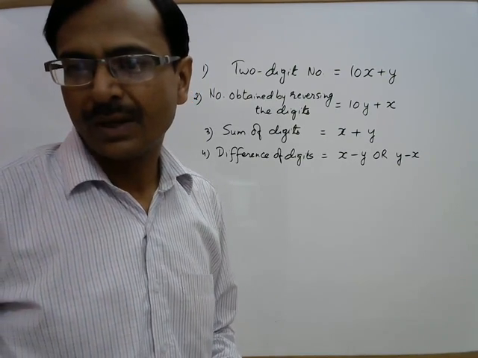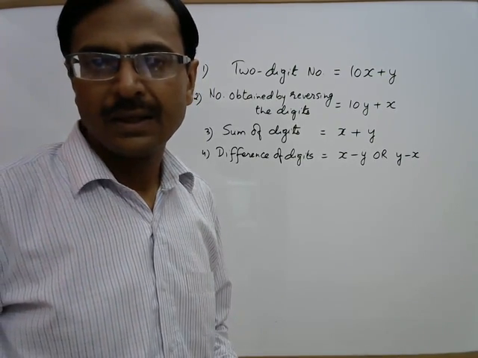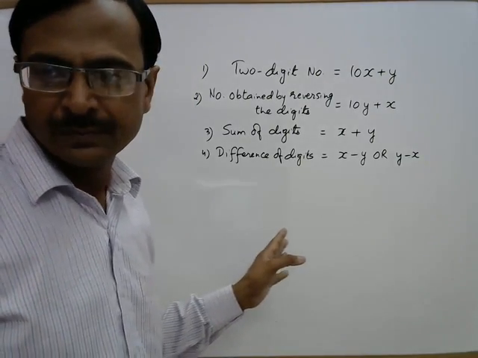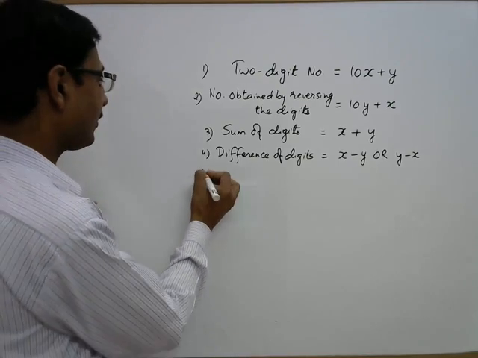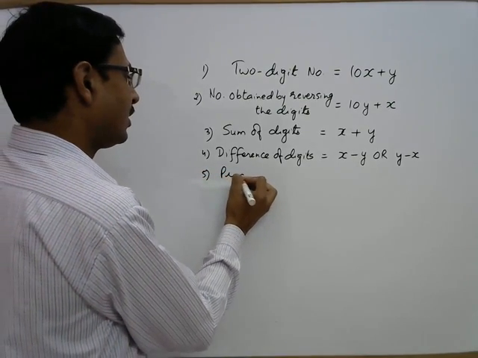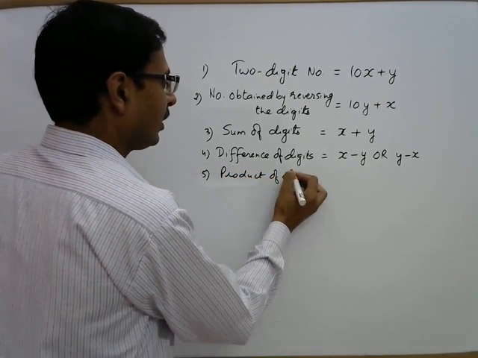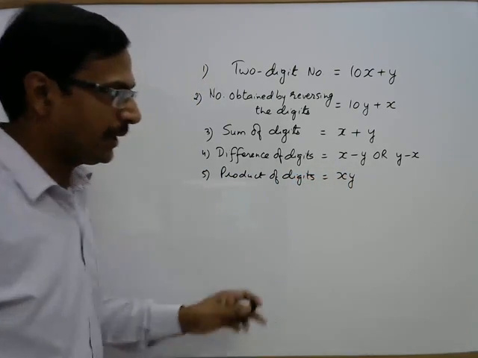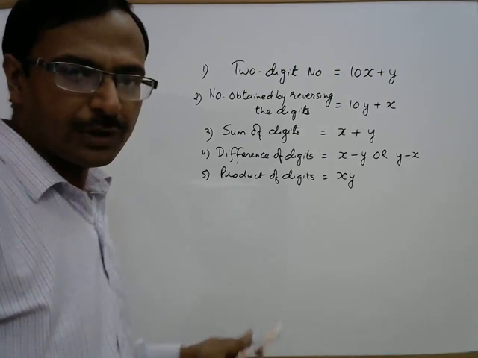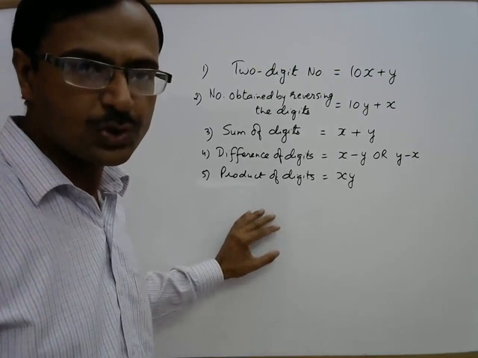So this is what should be remembered. Similarly, for having the product of digits, this will become x into y, that is xy. So some very important concepts which are to be used today.